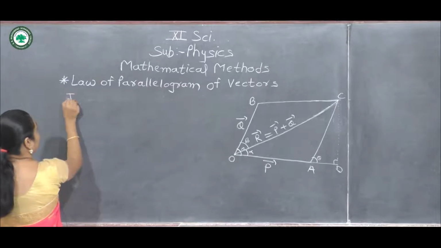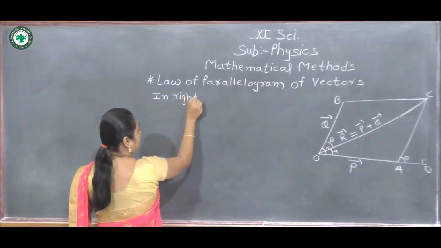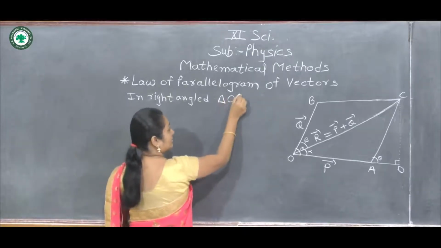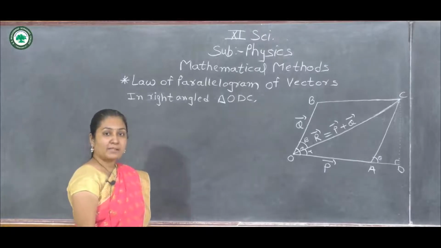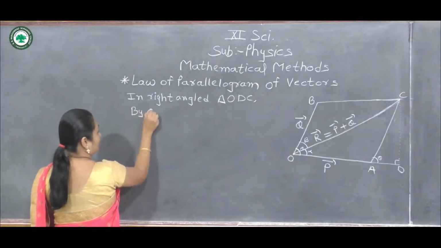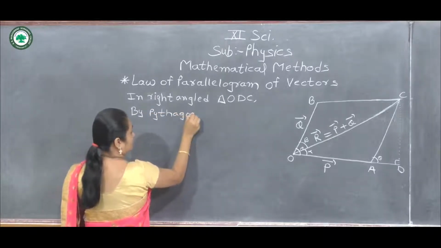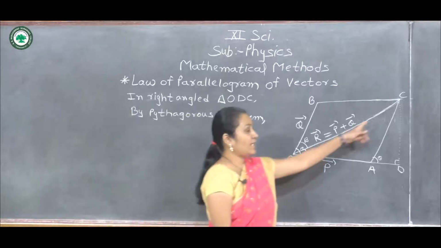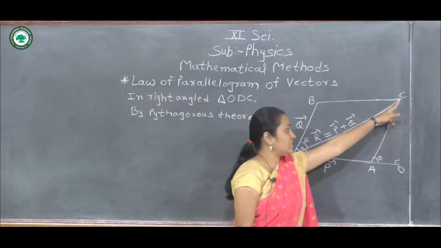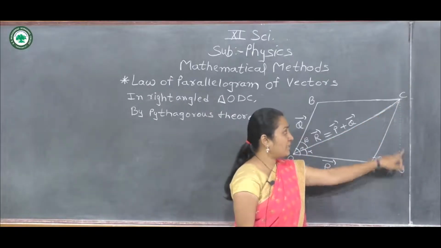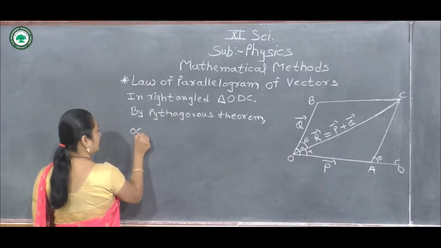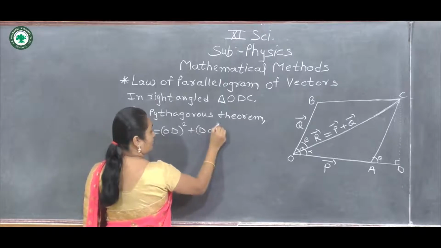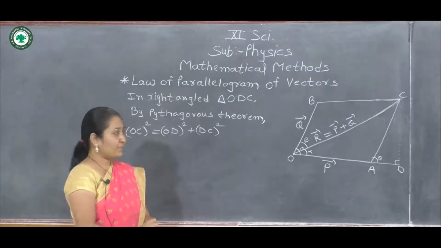In right angle triangle ODC, by using the Pythagoras theorem, we can write OC square is equal to OD square plus DC square.